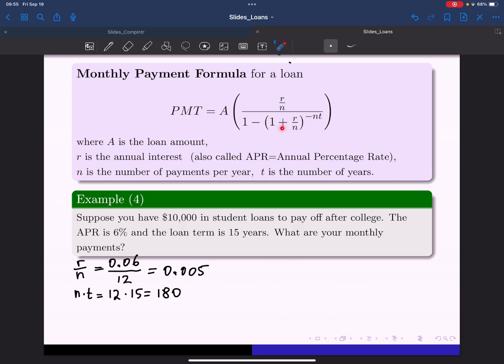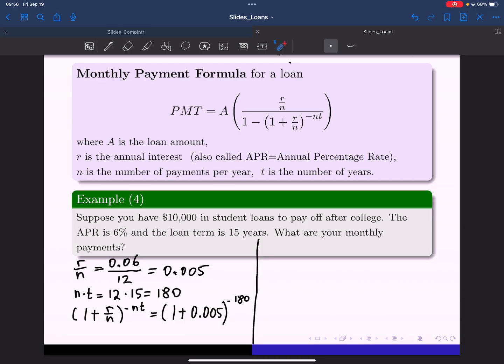Then let's calculate this part first, 1 plus R over N to the power minus NT. We already calculated R over N, which is 0.005, and N times T is 180.